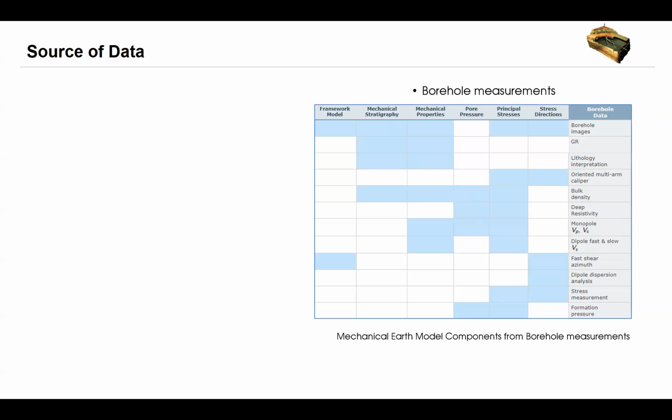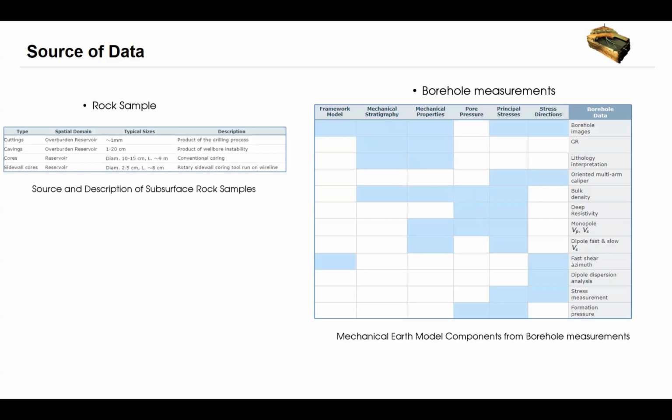The stress measurements, like we have talked about leak off test and microfrac test, are then used to calibrate the minimum horizontal stress profile. The logging while drilling and the wireline measurements provide high resolution geophysical data from the near surface to the base of the reservoir.